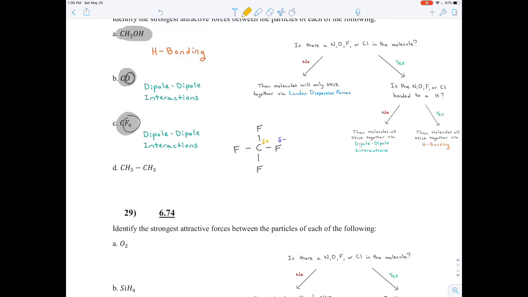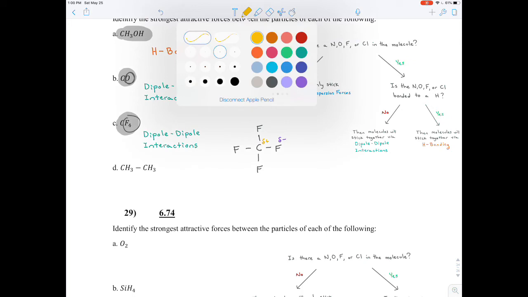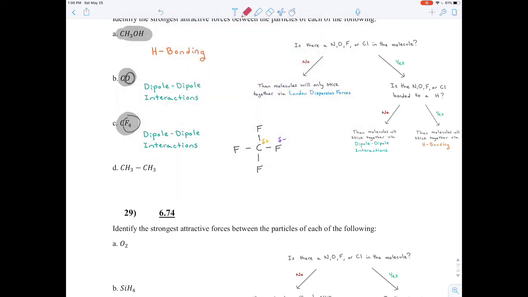The slightly negative goes over the electronegative element. But another way that you can express that same concept is to draw an arrow pointing in the direction of the negative sign with a positive sign at the tail, where the positive sign would be. And that arrow is telling you where the electrons would go.